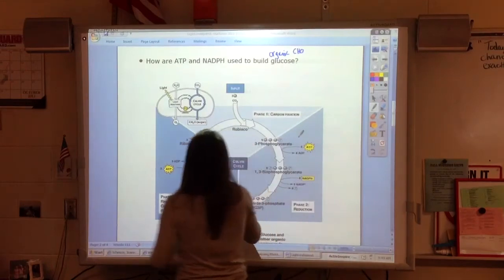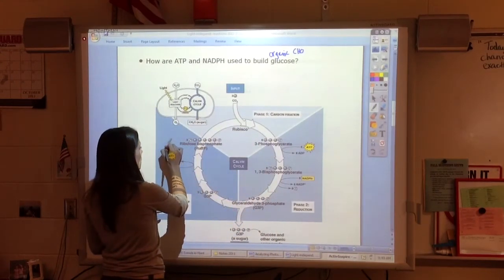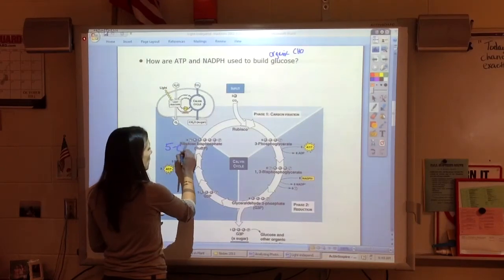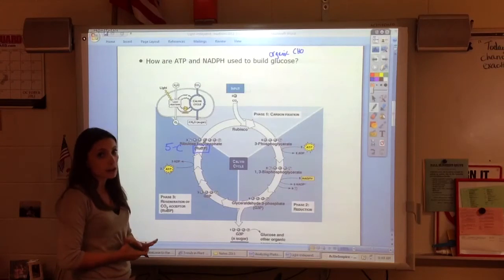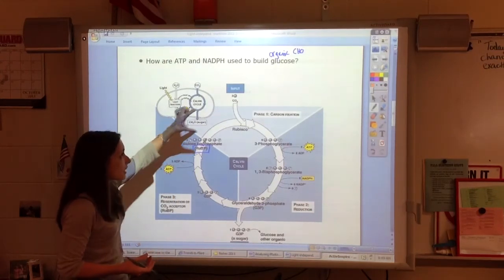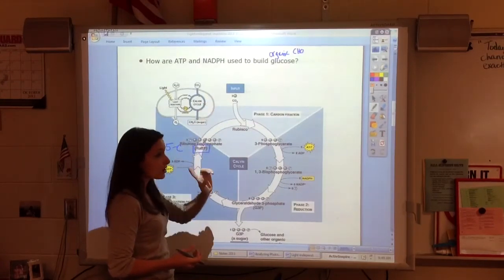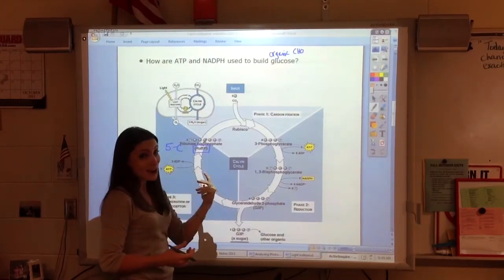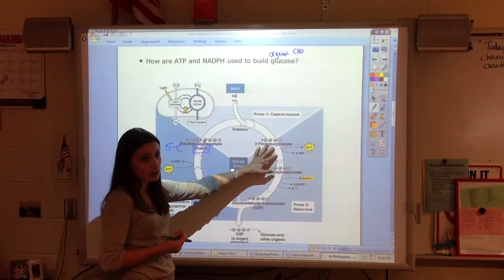So what is happening? We have a 5 carbon compound, 5 carbon RUBP, ribulose bisphosphate. A 5 carbon compound is given 1 carbon dioxide to become a 6 carbon. But that 6 carbon is actually immediately broken into 3 carbons.